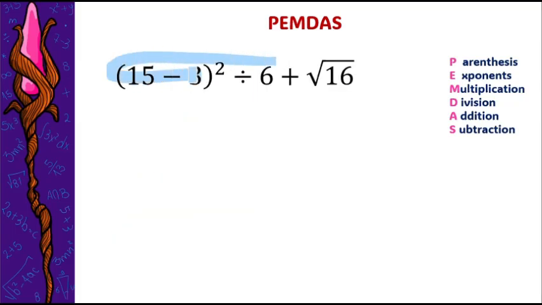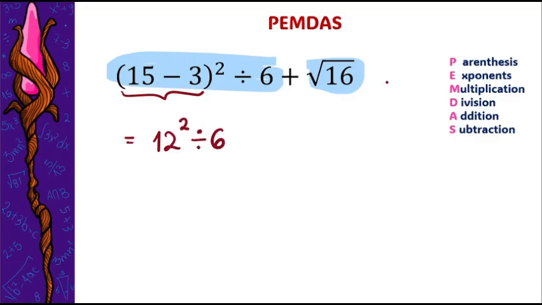For this one, we could say that all of this is one term, plus the second term. In this term, we are going to solve the parentheses first. 15 minus 3 is 12. 12 to the power of 2 divided by 6. For this term, we just have a square root, so we can solve it right away. The square root of 16 is 4. For this one, now we have a power and a division.